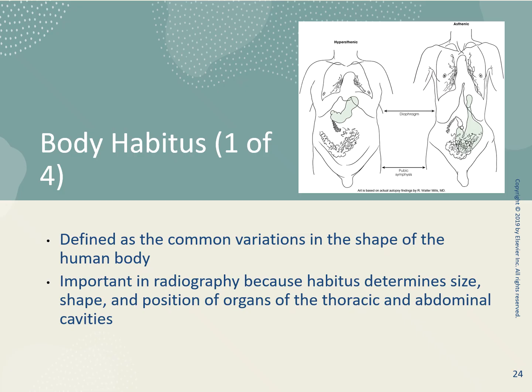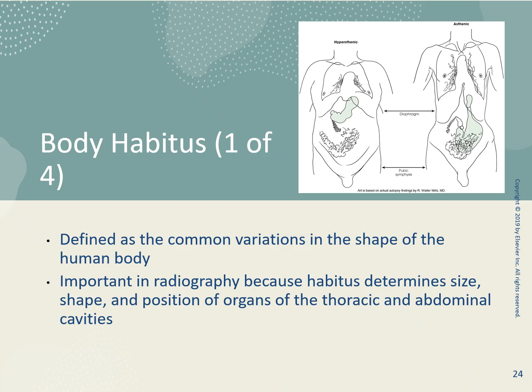All right, body habitus. Not everyone is built exactly the same. Some of us are thicker, some of us are thinner. Well, what that actually does is rearrange, in particular, the organs of the trunk.